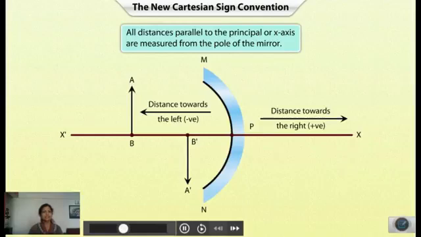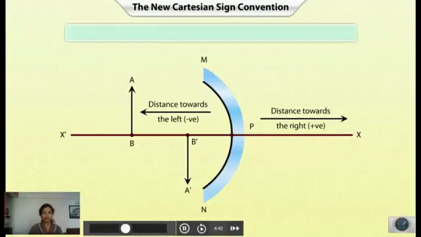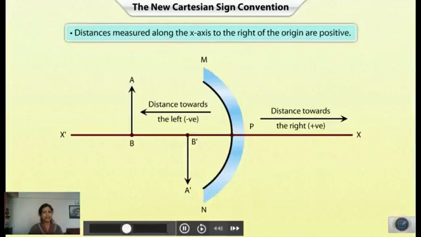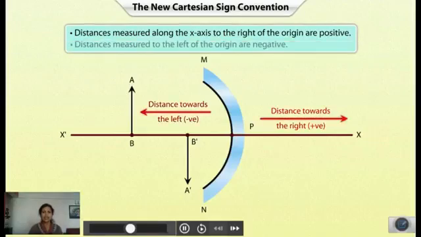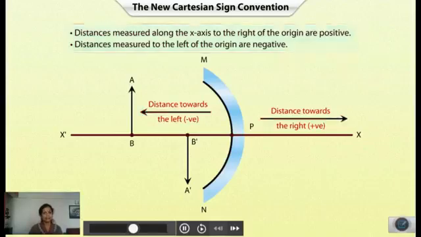All the distances parallel to the principal axis are measured from the pole. Now from the pole, all the distances towards the right side are taken as positive, and all the distances taken towards the left side are taken as negative.